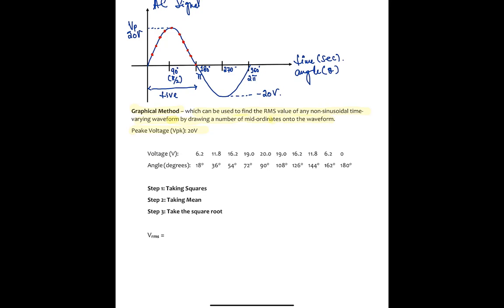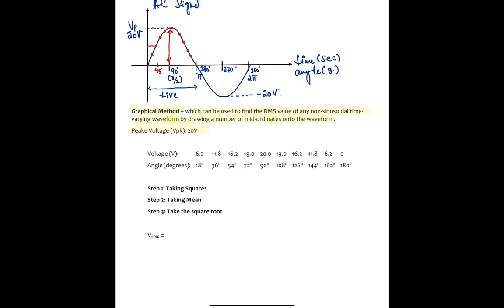Okay, and then remember, each of these corresponds to a certain angle, right? So if you're looking at this angle right here, at this angle it represents a certain voltage here. Around 45 degrees it will represent some voltage over here, correct? And similarly 0 over here, and so on.